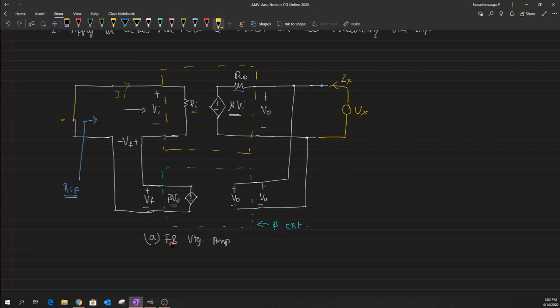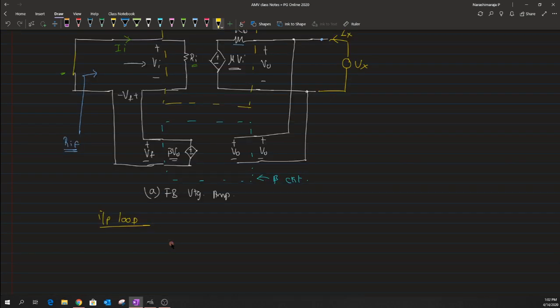So basically from the input loop I could see that, since the value of Vs is right now killed, and we know that the value of Vs is always equal to the added version of Vi plus Vf, and right now this value of Vs has been shorted, due to which we have this Vi is basically equal to minus of Vf.